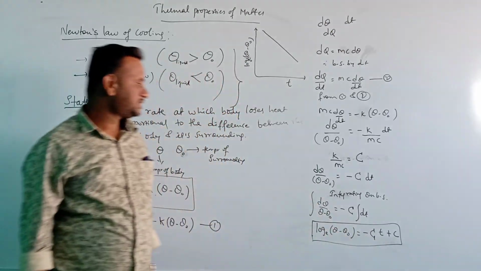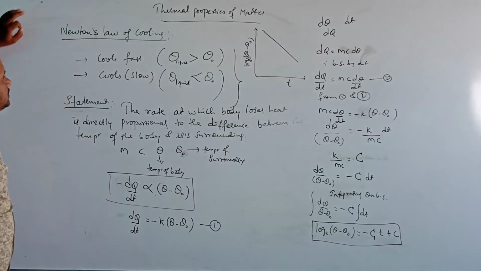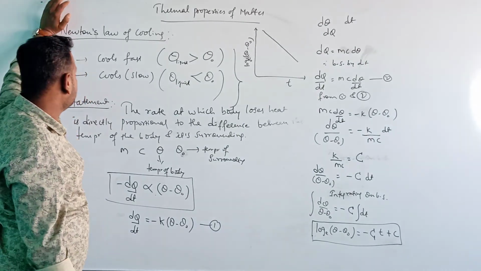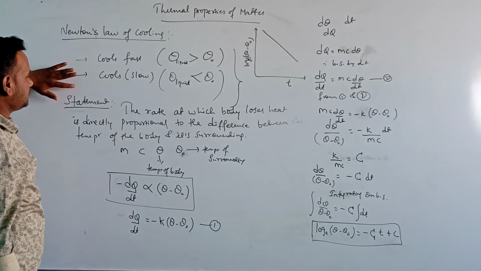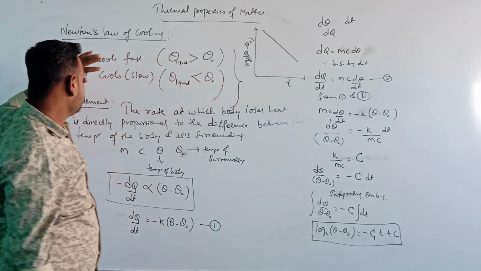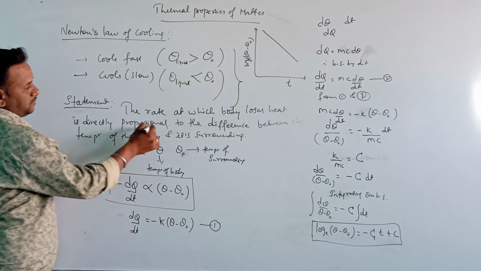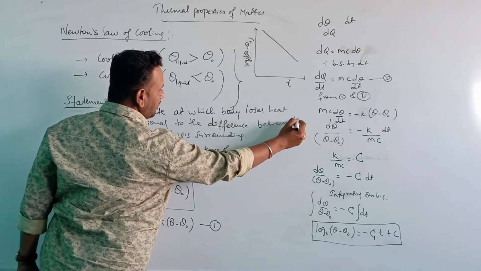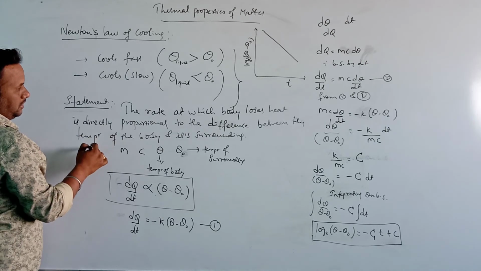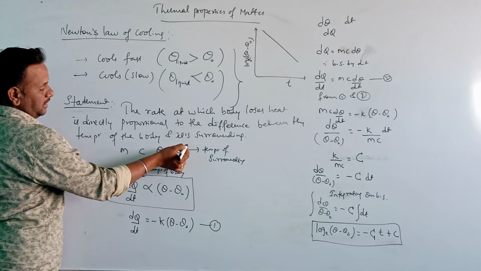So this is all about Newton's law of cooling. The statement states that the rate at which the body loses heat is directly proportional to the temperature difference between the body and its surrounding.